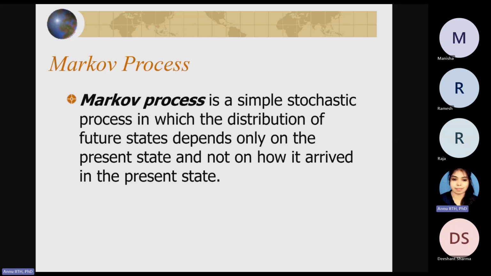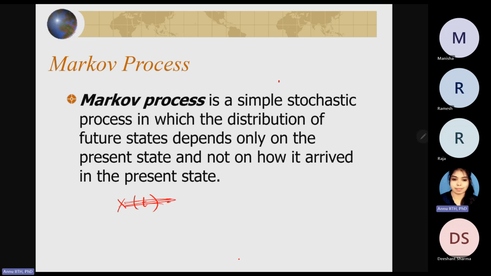A Markov process is a simple stochastic process in which the distribution of future states depends only on the present state and not on how it arrived at the present state. Suppose you have x of t, the present state.